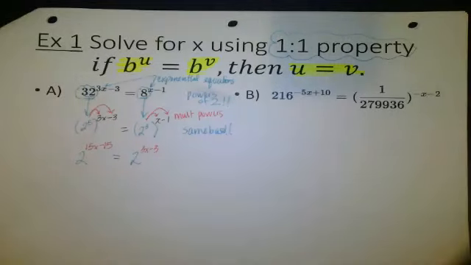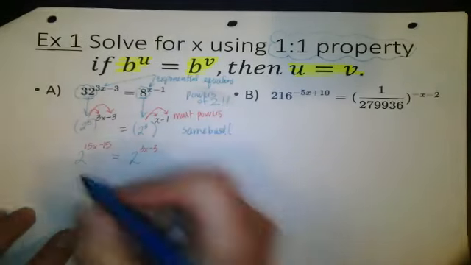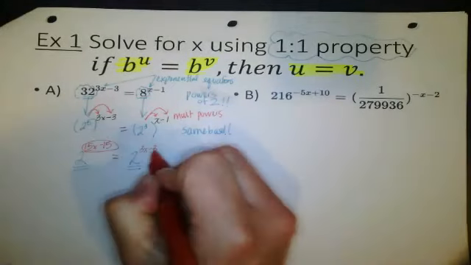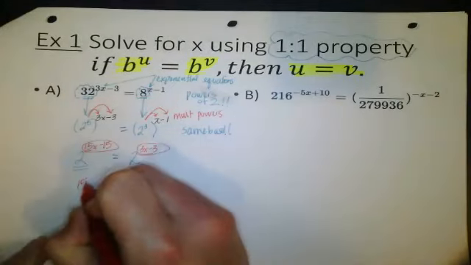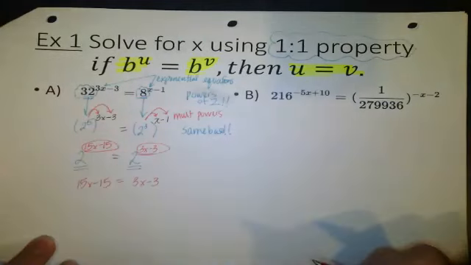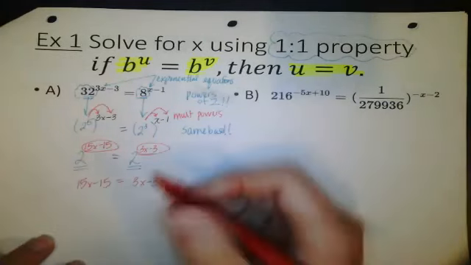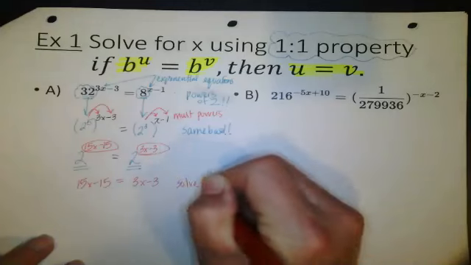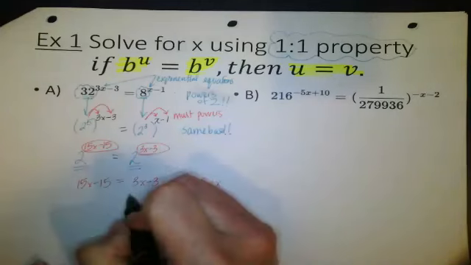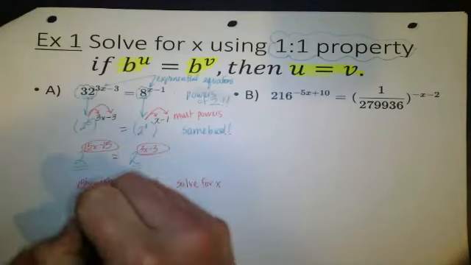Now, if the bases match, which they do, then u must equal v. 15x minus 15 must equal 3x minus 3. And then we can just solve for x. And it's so easy. So I'm going to go ahead and subtract 3x.